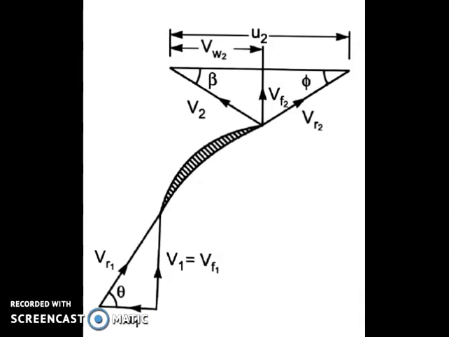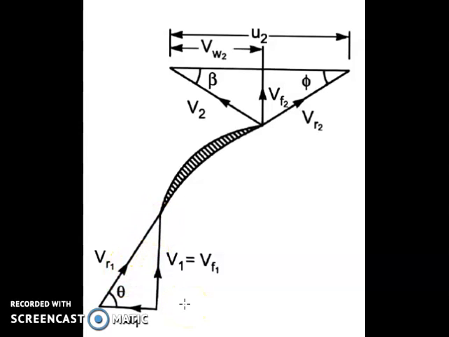The figure shows the velocity triangle diagrams at inlet and outlet. This V1 represents the absolute velocity of the water at inlet. This U1 represents the tangential velocity of the impeller at inlet, and hence this Vr1 will represent the relative velocity of the water at inlet.